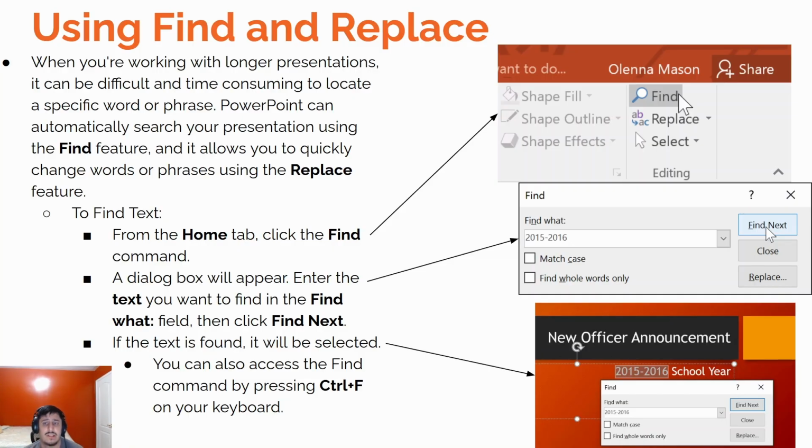What we could do is type in the misspelling, click on find or Control F, and find every instance where it's been misspelled, right? And this also plays directly into the replace feature, where we can then replace all of these incorrect spellings with a more correct version all at the same time.